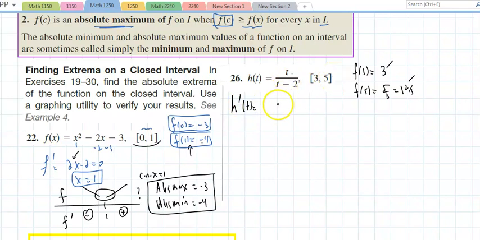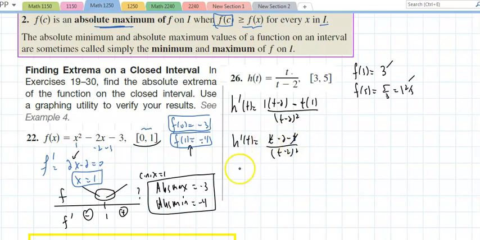I take a derivative: the derivative of the top times the bottom, minus the top times the derivative of the bottom, all over the bottom squared. So this derivative is actually (t minus 2 minus t) over (t minus 2) squared. Those cancel out. H prime is actually negative 2 over (t minus 2) squared.